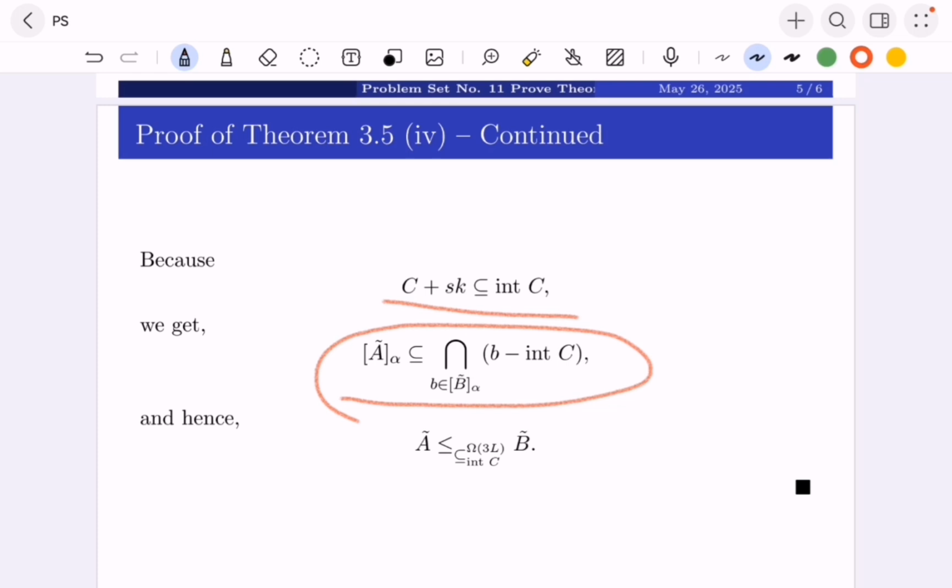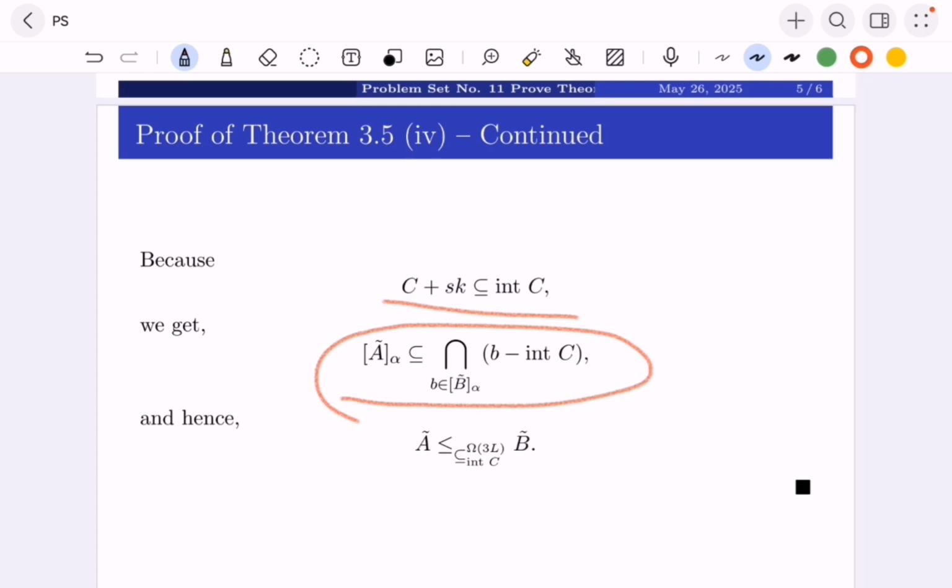So now that we know that the shifted version of the fuzzy set A lies in cones that are interior, when we undo the shift, we get that the original alpha level cut of the fuzzy set A is contained in strictly smaller cones, so ones that involve the interior of C.